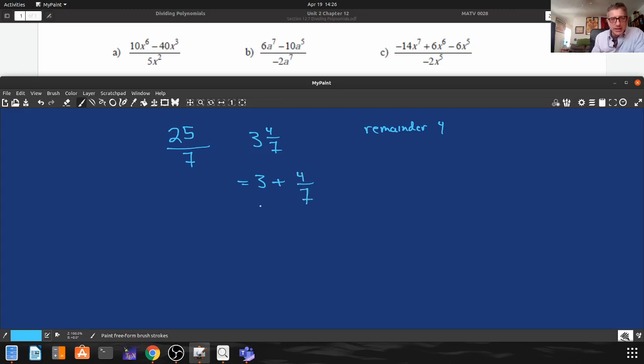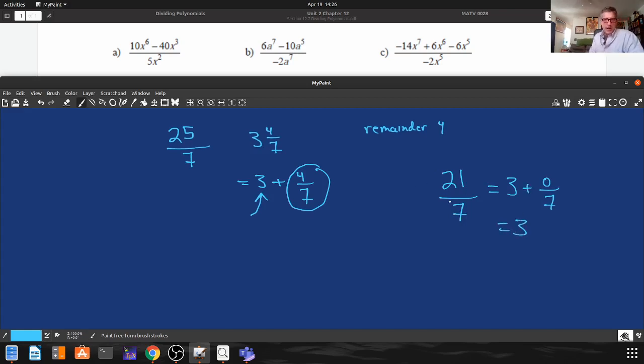So in this case, we didn't get a whole number. We divided a whole number by another whole number, but our answer was a whole number and a fractional part. Had I divided 21 by 7, the answer would be 3 plus 0/7, which is the same as 3.